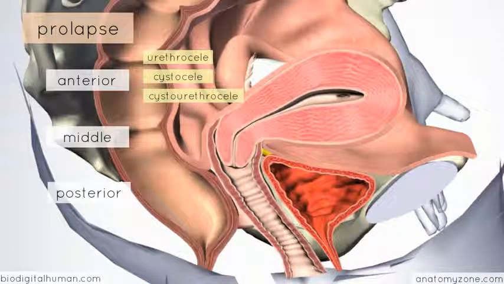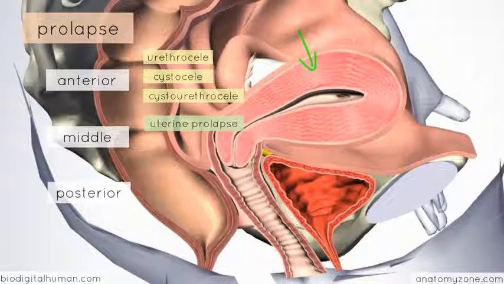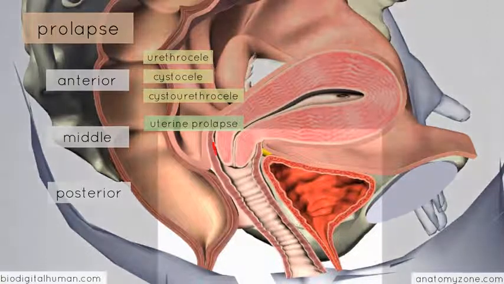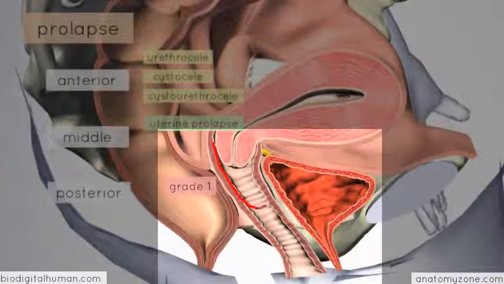In terms of the middle compartment, you can obviously get the uterus itself prolapsing through the vagina. A uterine prolapse is graded from 1 to 3, depending on the extent of the descent of the uterus through the vagina. A grade 1 prolapse is only slight descent, so the prolapse is contained within the vagina.